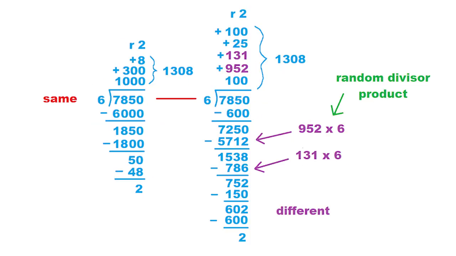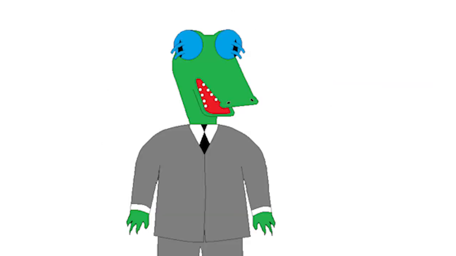So now we see how we keep on subtracting whatever random divisor product we want from the dividend until we get down to nothing left to subtract. It's like the Price is Right, where you can go as high as you want in each step as long as you don't go over.